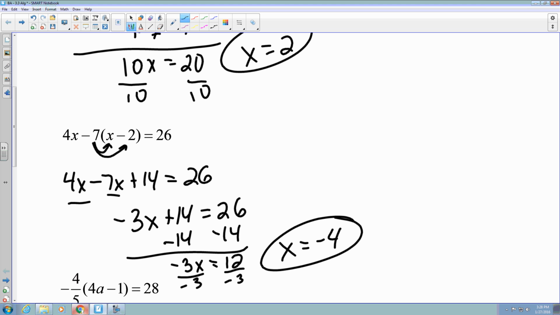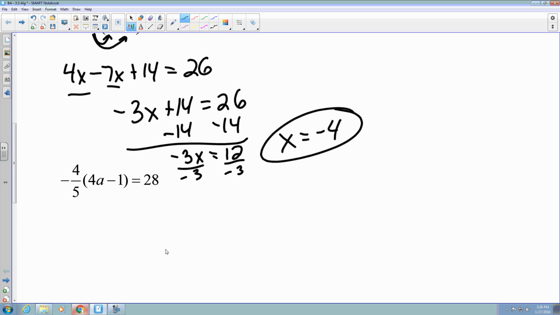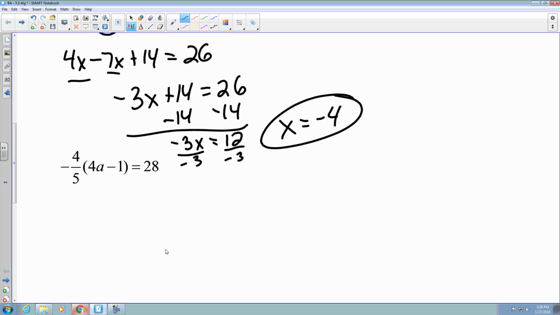Okay. Looking at this example here, I have negative 4/5 times the quantity 4a minus 1 equals 28. Now, like the previous example, I could distribute a value over the parentheses. Here, since the inside of the parentheses is the only term I have, I'm going to instead multiply both sides by the reciprocal. The reciprocal of negative 4/5 is negative 5/4. So I'm going to do that to both sides.